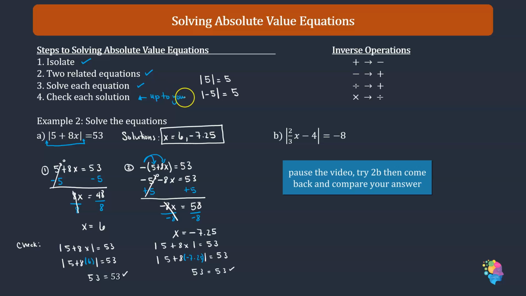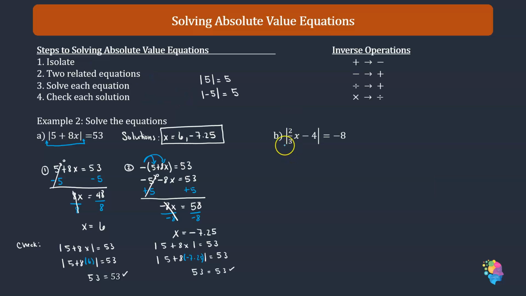Let's try B. Step 1, let's see if the absolute value has been isolated, and it has because there's nothing in front or at the end of the absolute value. However, this time I cannot create my two related equations because this absolute value equals a negative.